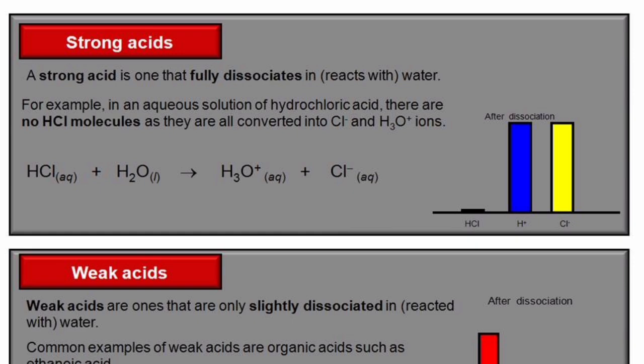I said all acids will dissociate their hydrogen atoms into water, and when they dissolve in water, they form hydrogen ions. But not all acids do that the same way.